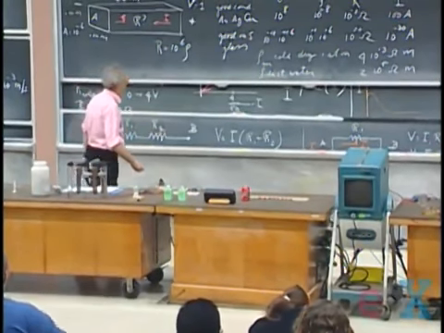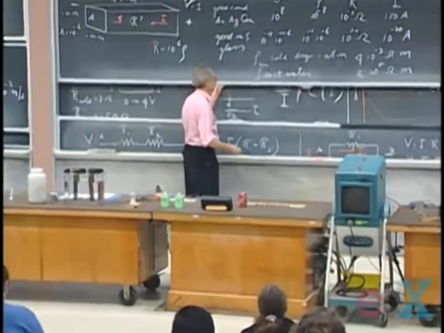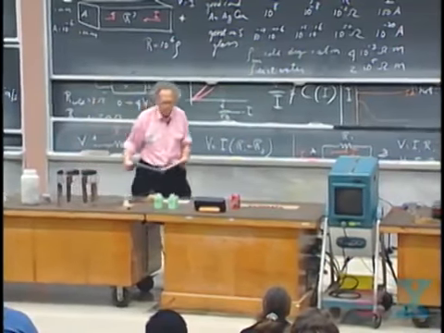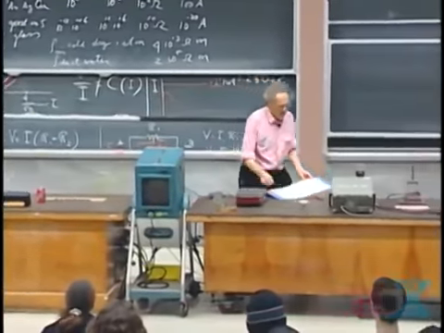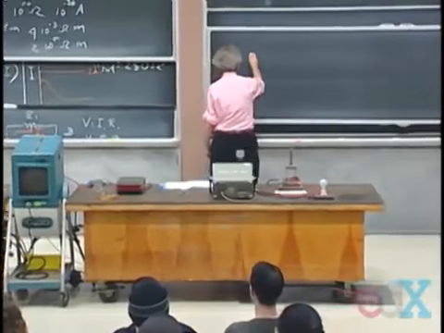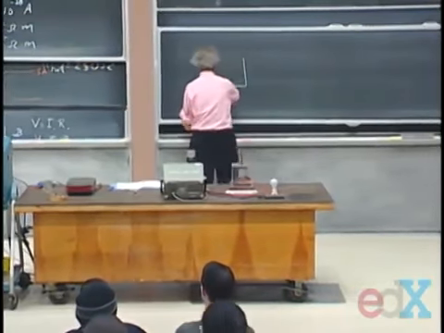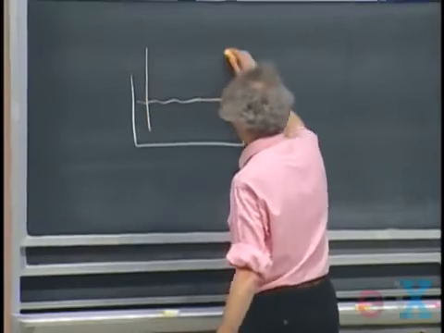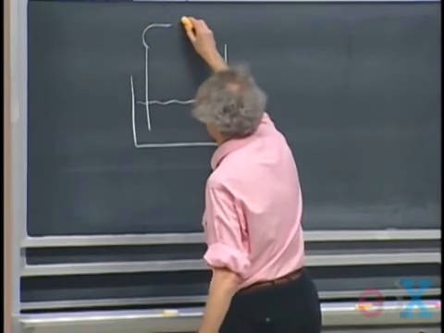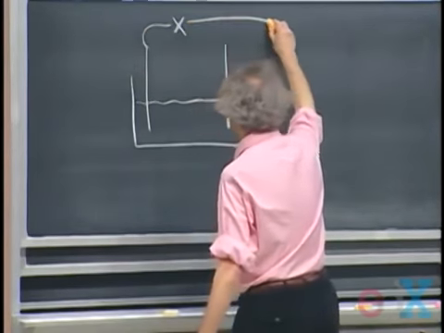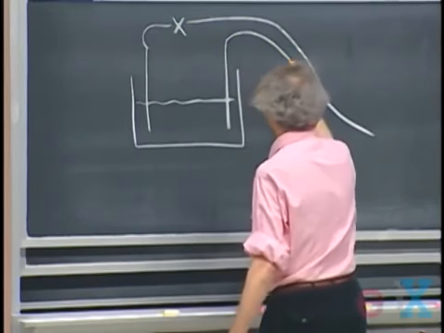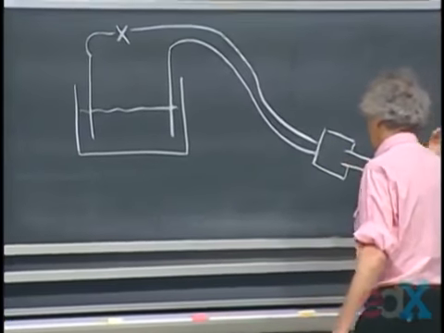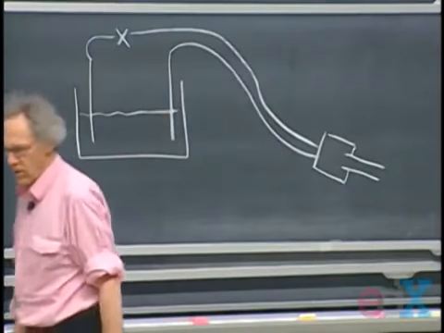I have here a bucket of distilled water. I'll make a drawing for you on the blackboard there. So here is a bucket of distilled water, and in there is a copper plate, another copper plate, and here is a light bulb, and this will go straight to the outlet, stick it in, 110 volts.